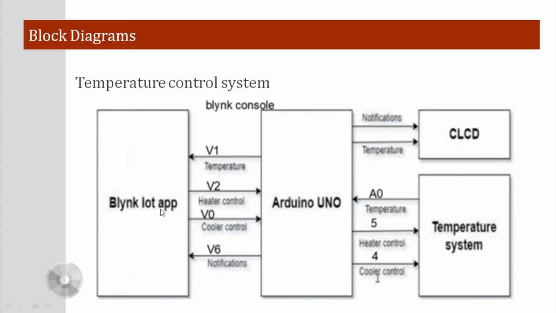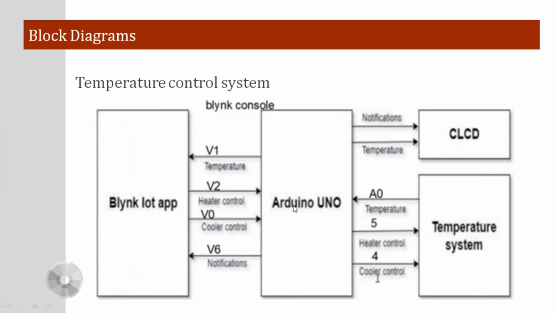So first, from the Blynk IoT app, we send the instruction for heater control through the V2 pin, and cooler control through the V0 pin, which means turning on or off in the Blynk IoT app. From there it goes to the heater control and cooler control.